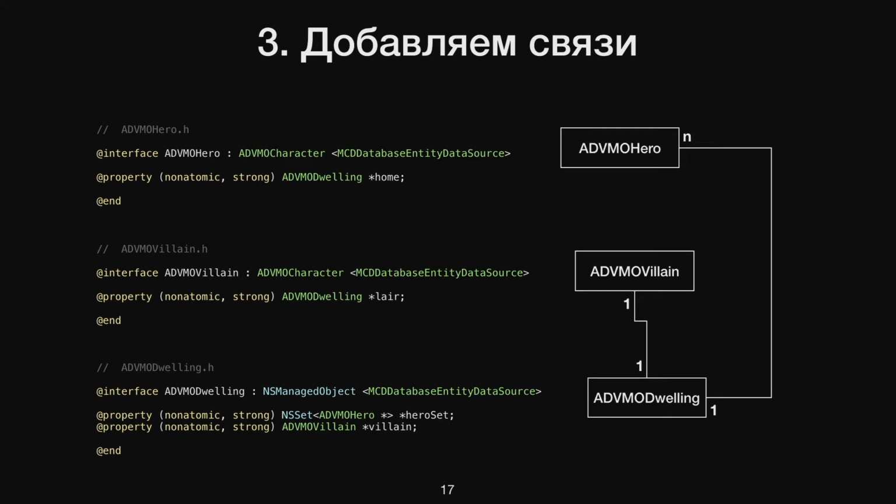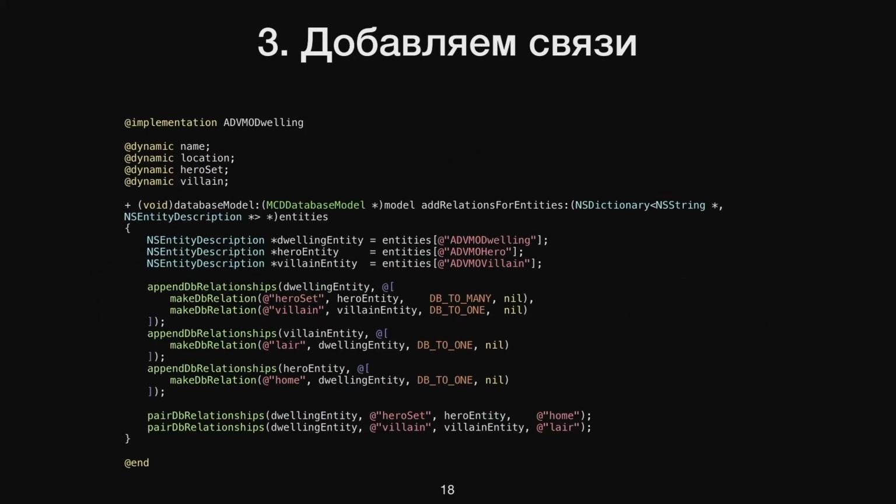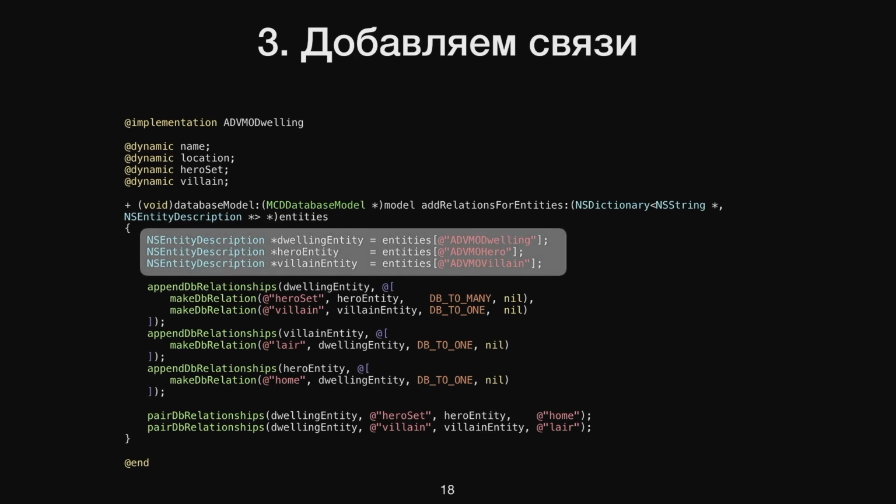Let's look at the three object group: the hero, the bad guy, and the dwelling place. We have one-to-one and one-to-n relation. In the interface, we're going to have the properties like this. And we have a specific method, Boolean entity.